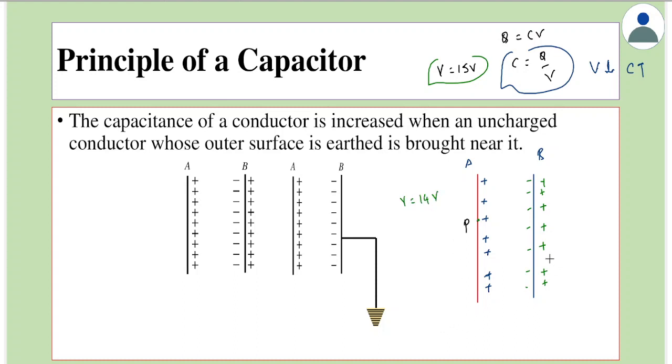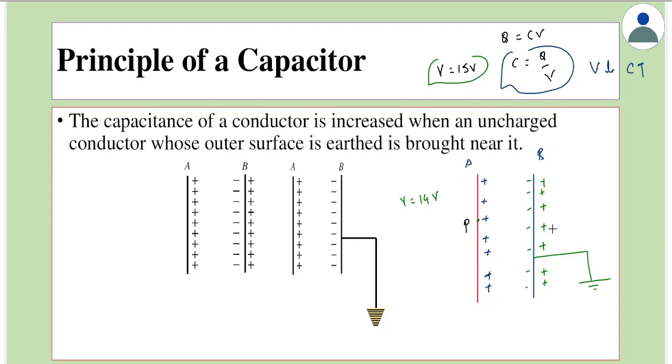What we can do here is connect this to the earth. It's called earthing. We'll do it in the next chapter. We saw in earlier classes that earth is a big reservoir of charges, and the potential of the earth is 0.